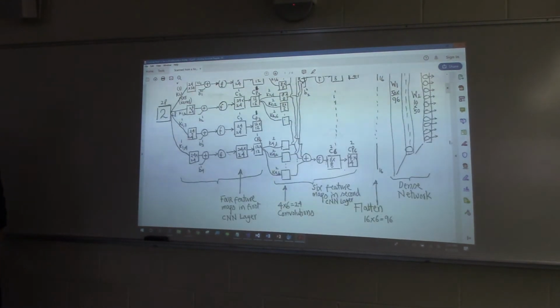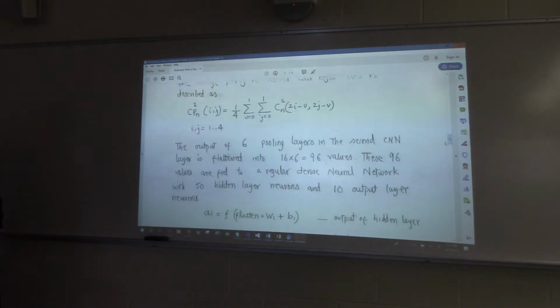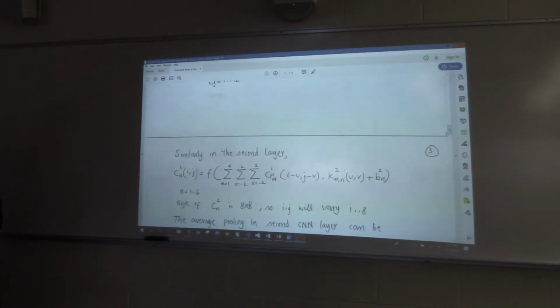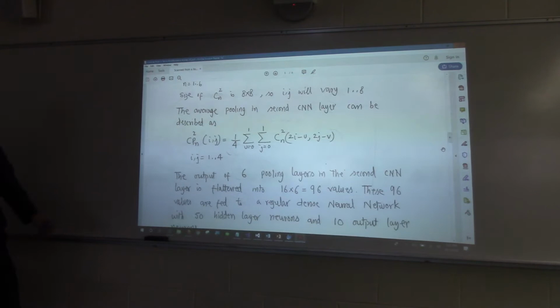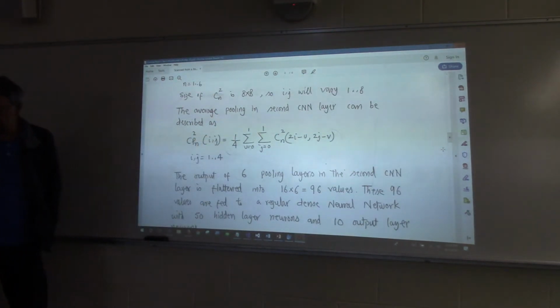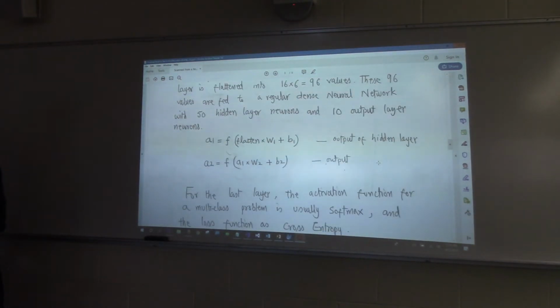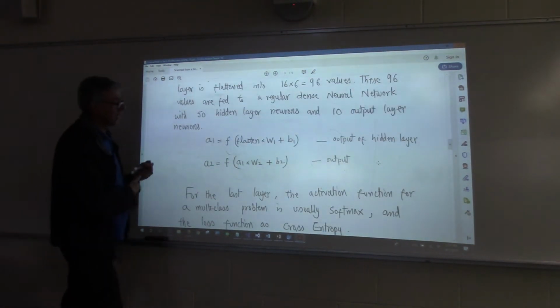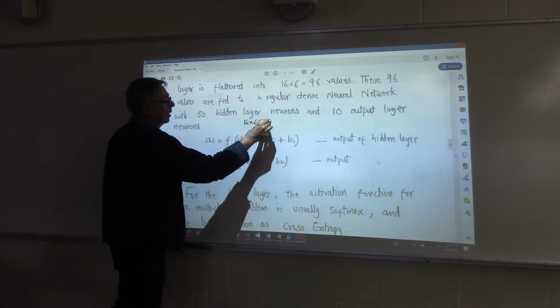Okay, so to finish the forward pass, this was the pooling in the second layer, dividing by 4, summing the 4 neighbors. Okay, then the flatten over here is my 16 by 6 equal to 96.